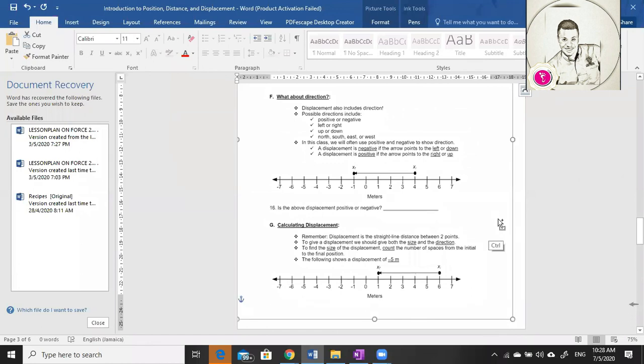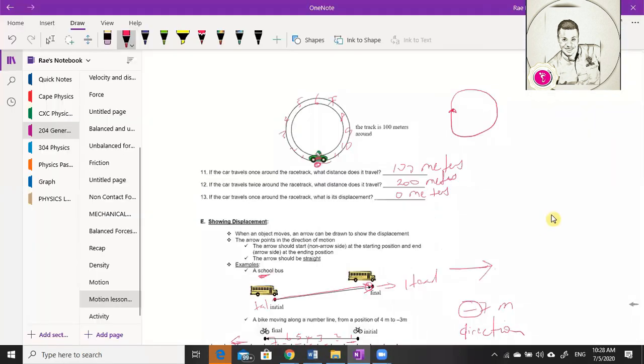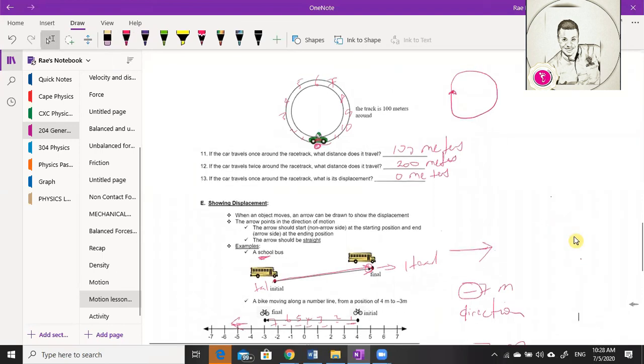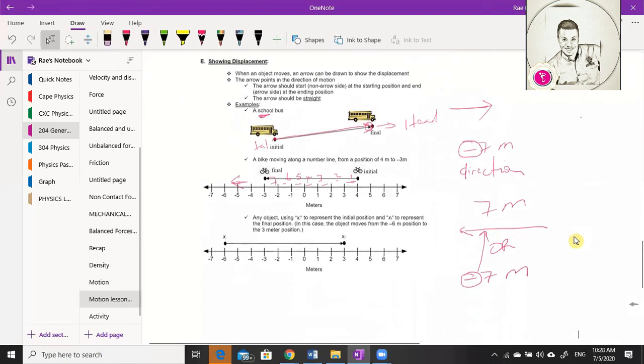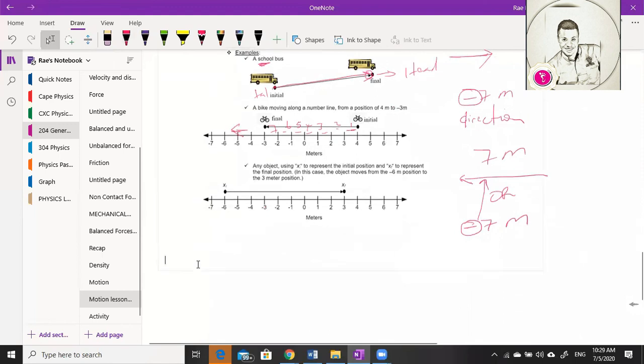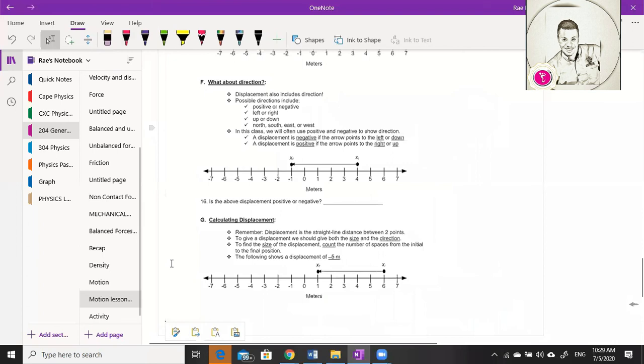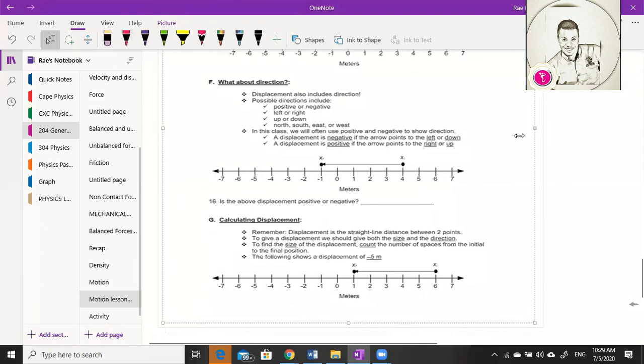All right, let me just bring this up for 1 second. The part here that says calculating displacement, I want you to go ahead and look at that part.